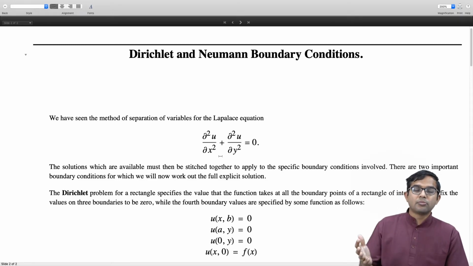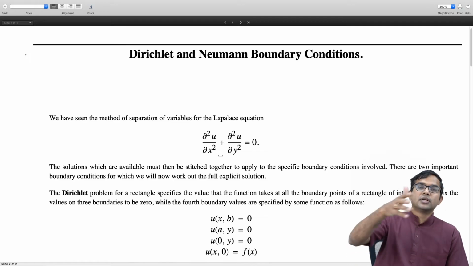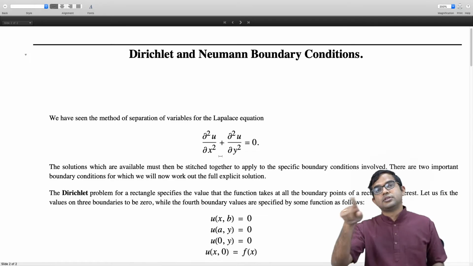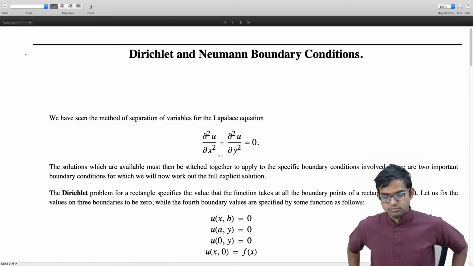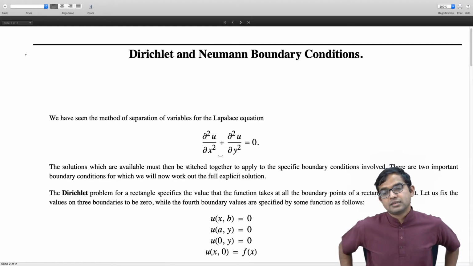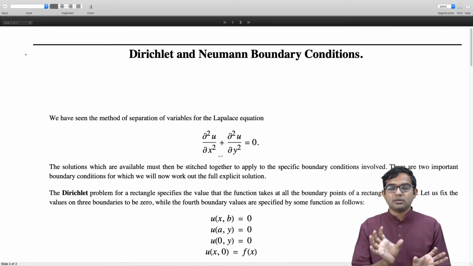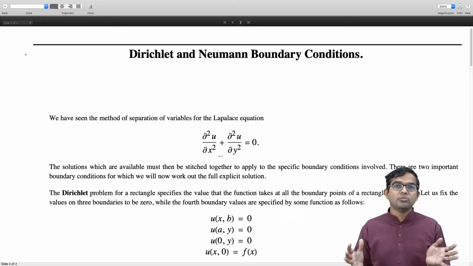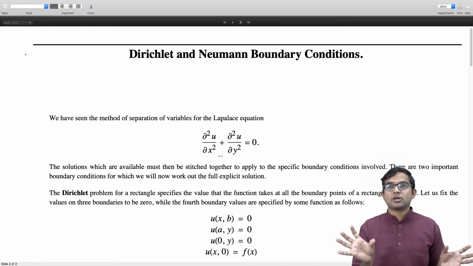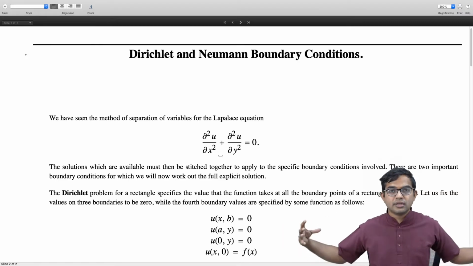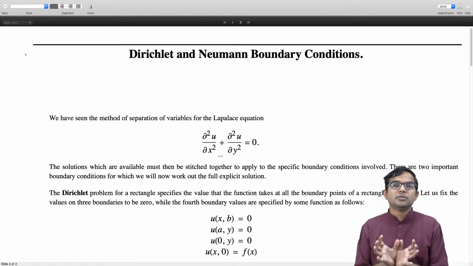In the general problem, of course, you will have different functions describing the values on each of these four boundaries. So we can think of this as a scenario where you add four different problems. All of these are linear problems. Therefore, you can take a solution for one of them, a solution for another problem, a third one, a fourth one, and simply add them, stitching them together.